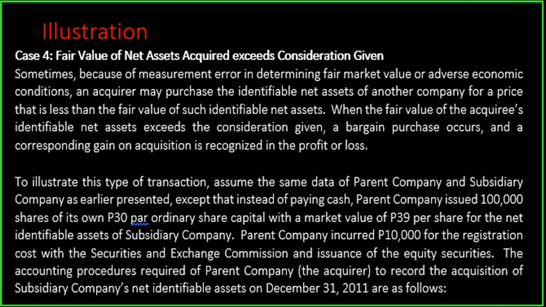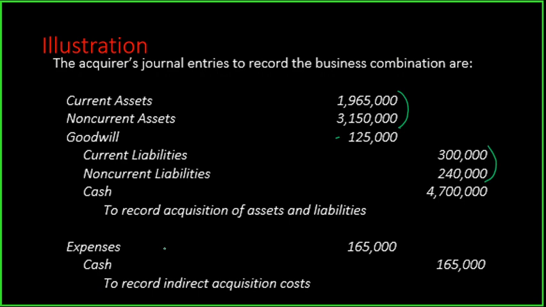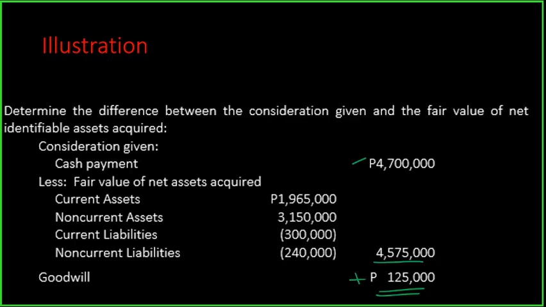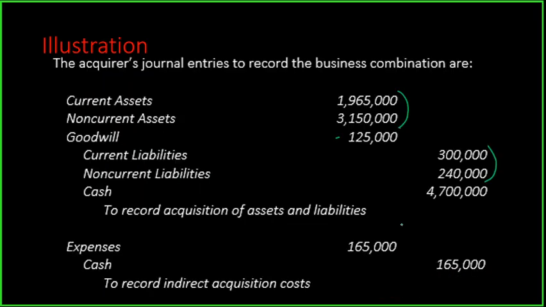Now, case 4: fair value of net assets acquired exceeds the consideration given. This time, it's the opposite. The fair market value is higher than the consideration. What's the fair market value ba kanina? Okay, so palitan natin. The fair market value of your net assets acquired is 4,575.